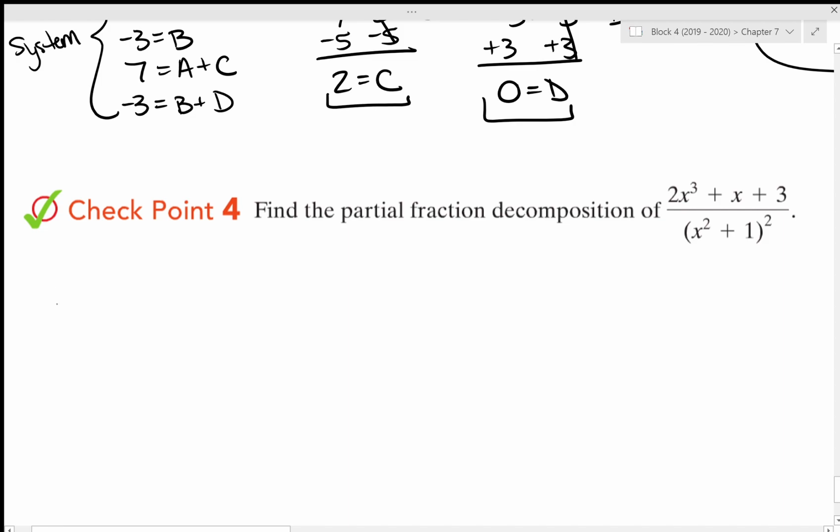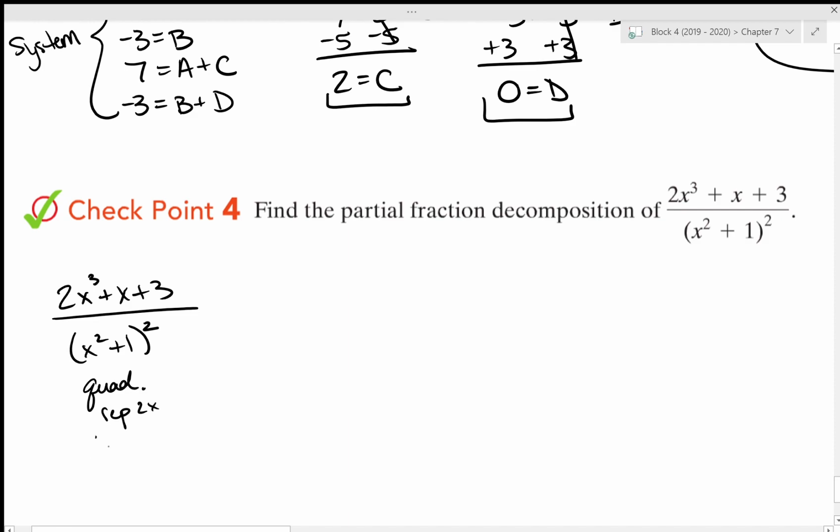So we have 2x to the third plus x plus 3 all over x squared plus 1 squared. Now, luckily it has the same denominator as the last problem. We see it's a quadratic that can't be factored, and it has multiplicity of 2.